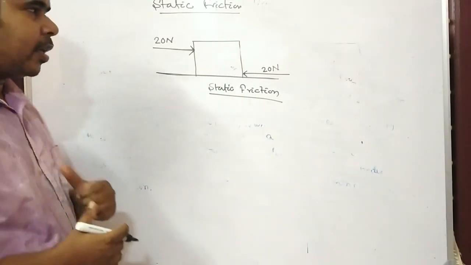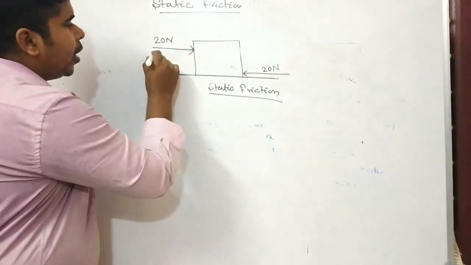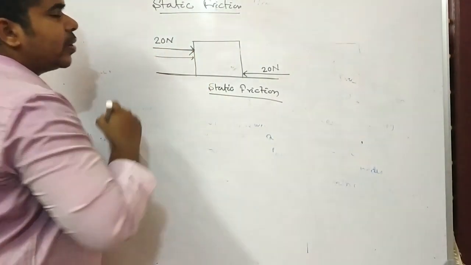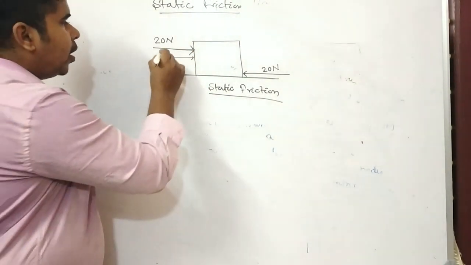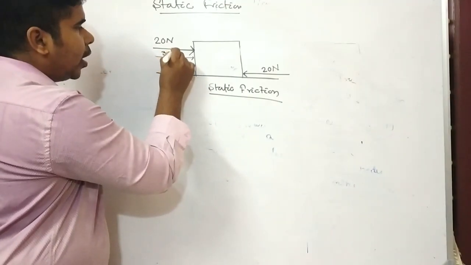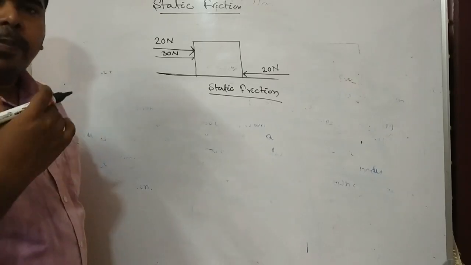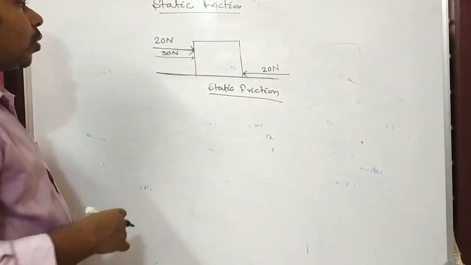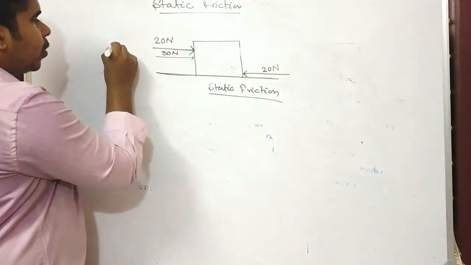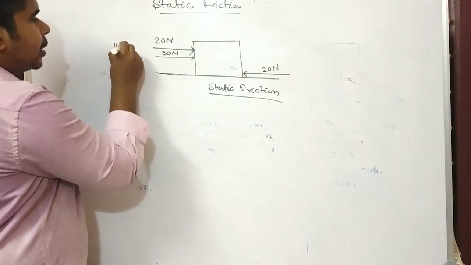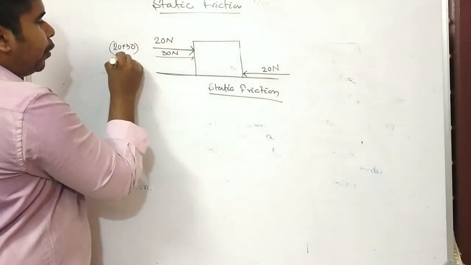So you might be saying, sir, now I am giving some more force here. How much? I am just adding 30 Newton more on the body. After adding 30 Newton also, we have seen the body is not moving. So that means here the total force is 20 plus 30, that means 50 Newton.